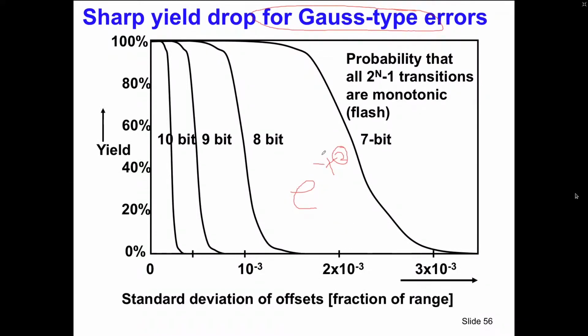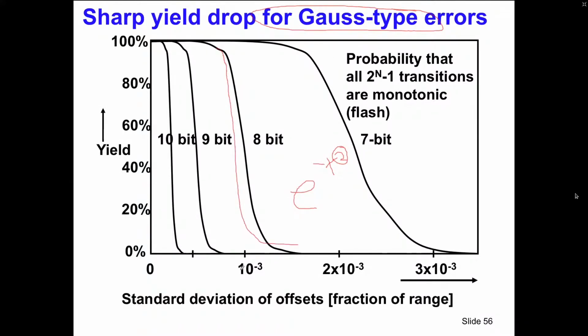Now, e to the power minus x is already ugly, but e to the power minus x squared is really, really bad. And that means that if you run into Gauss-type errors like mismatch, then you see very, very sharp decay in yield.